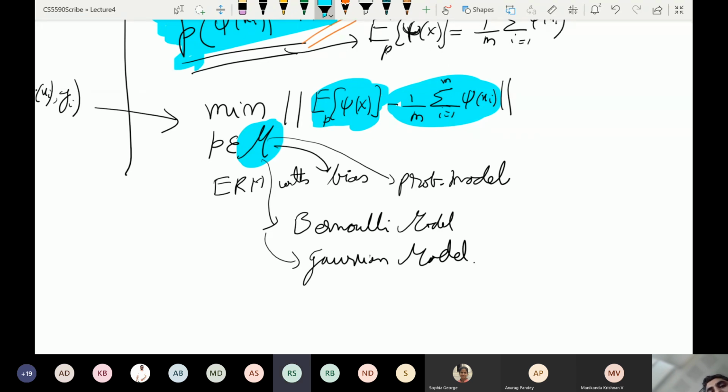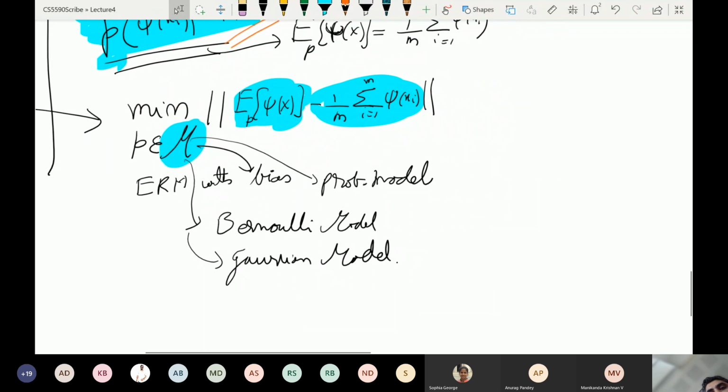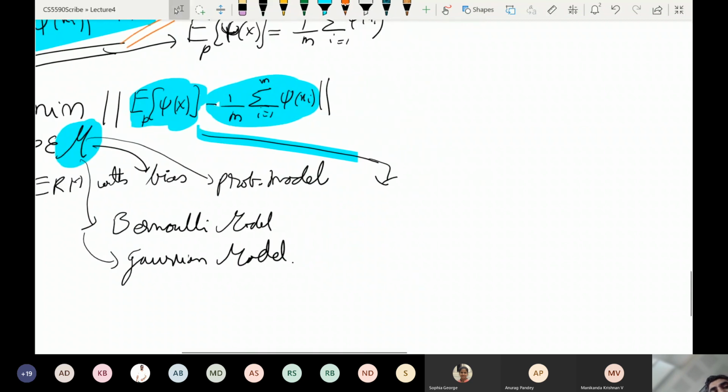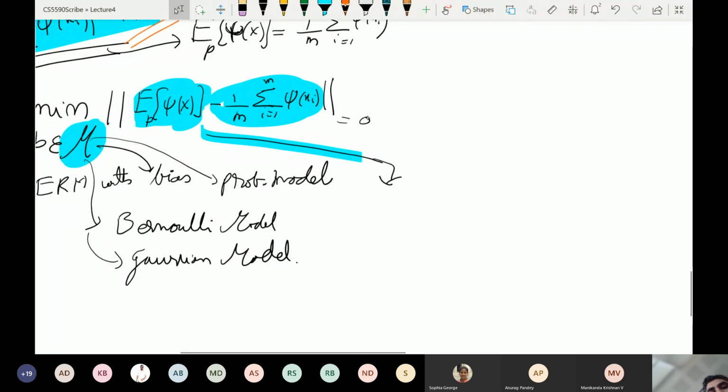So if you solve this problem, many a time you will be able to solve it with zero optimal value.